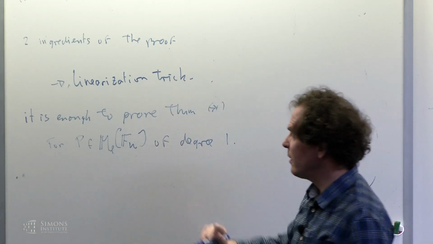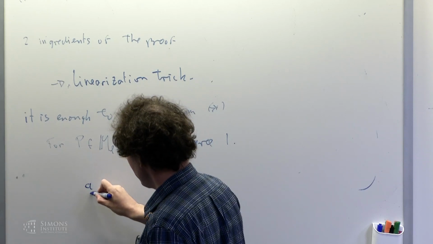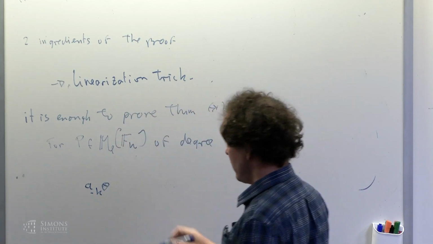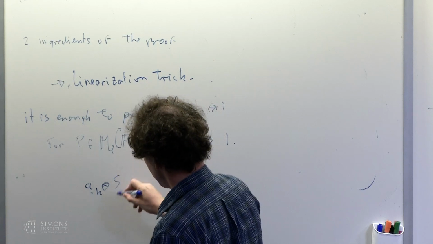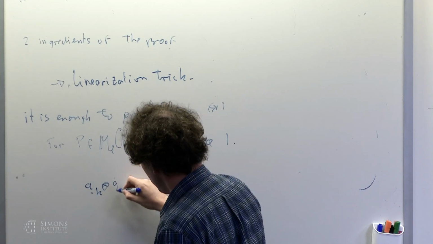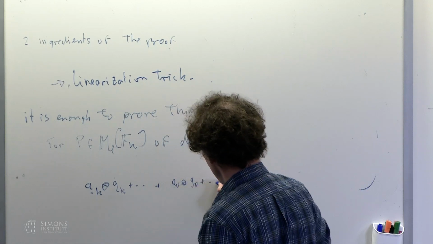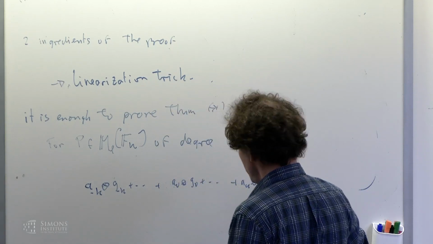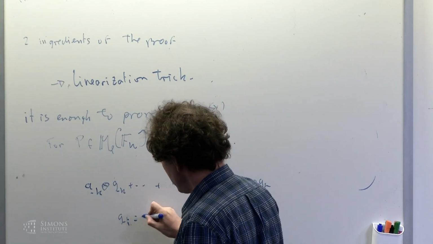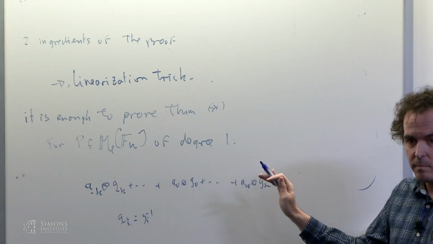Of degree 1 in the words. So namely, something like this. Maybe I could write it like this: A_{-k} tensor g_{-k} plus A_0 tensor g_0 plus A_k tensor g_k, where I take the convention that g_{-i} is g_i inverse. And that's all. So if I can handle this, that's enough.